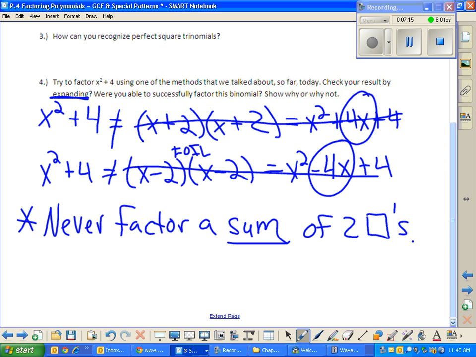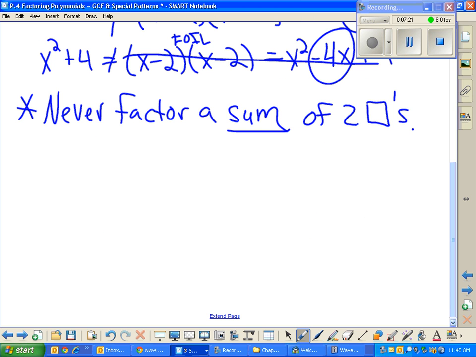Eyes on the prize, factoring is a tool, people. It helps us solve for x. And when we solve for x in this class, a lot of times we're finding places where a graph crosses the x-axis. Well, if I draw you a picture of x squared plus 4, that's a parabola hanging up 4 units on the y-axis.